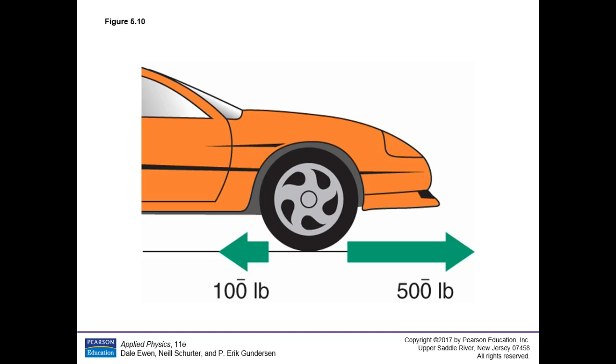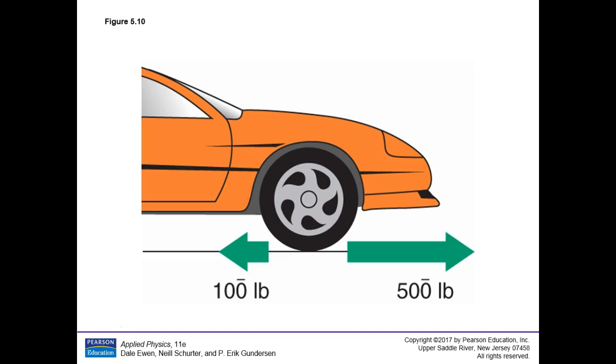Action-reaction, the tire is pushing on the road with a certain amount and the road's pushing back on the tire. That's action-reaction. This is all based on the car. The car is being pushed here, being pulled back there. The net force is 500 pounds.